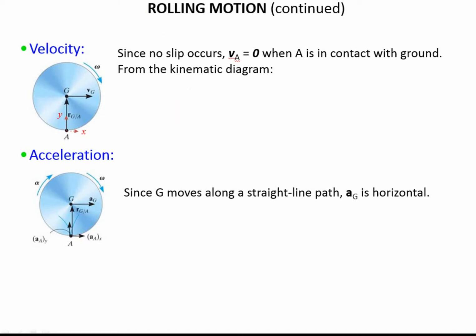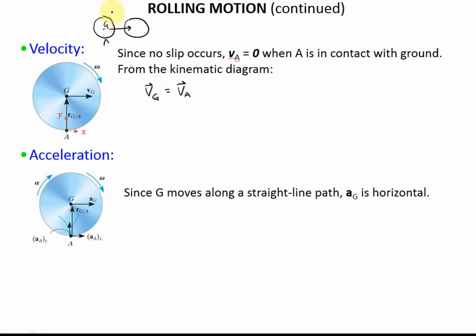So let's talk about the velocity. If you want to express the velocity Vg in terms of omega, I want to use relative velocity motion analysis. If you consider that the wheel just translates, then point G and point A have the same velocity.